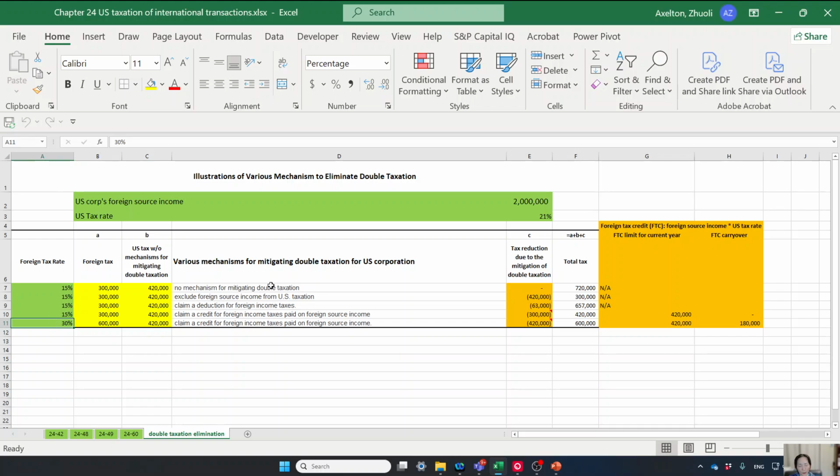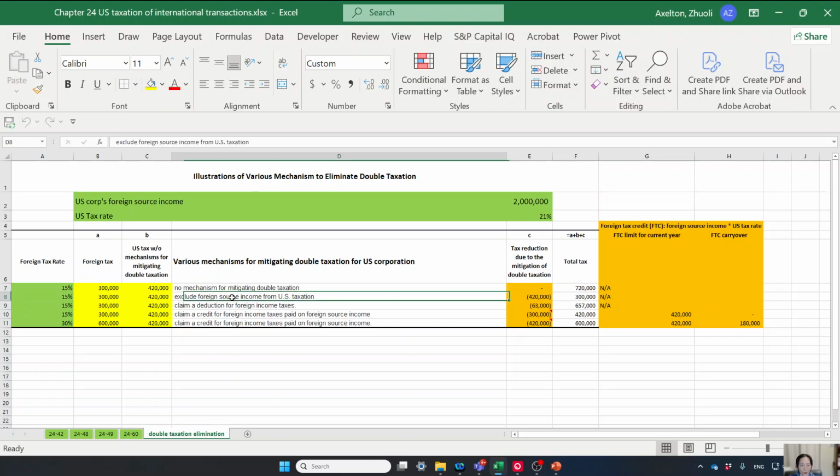So for the different scenarios, the baseline is if there's no mechanism for mitigating double taxation. This business could have to pay foreign tax on the $2 million at 15%, which is $300,000, and U.S. tax of $420,000. So in total, this corporation has to pay $720,000.